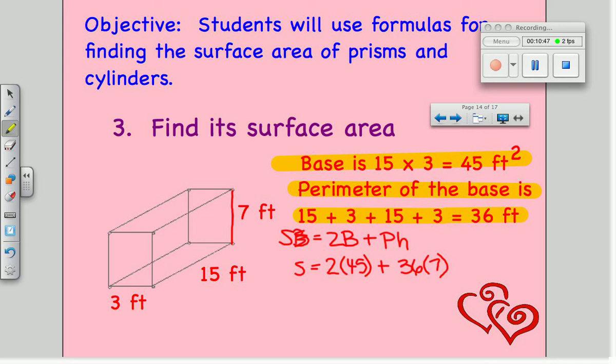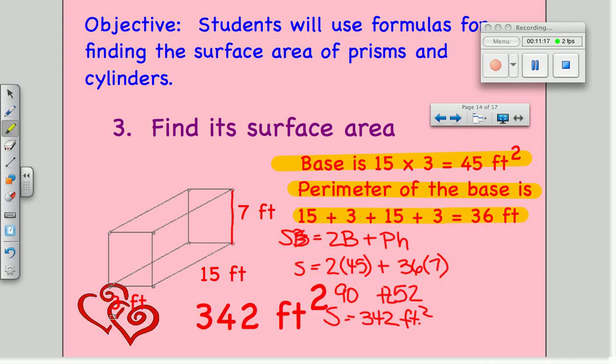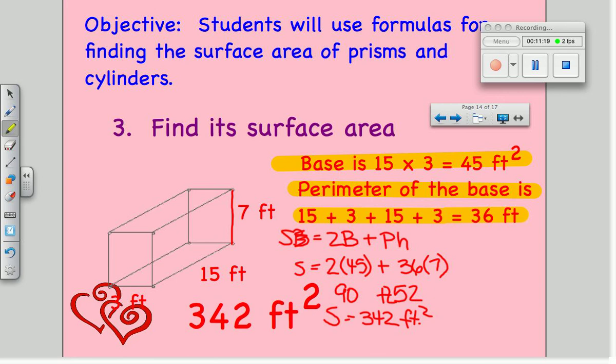Okay? 2 times 45 is 90 plus 36 times 7, 252. 90 plus 252 is 342 feet squared equals surface area. So 342 feet squared.